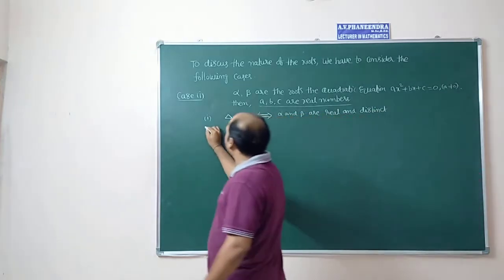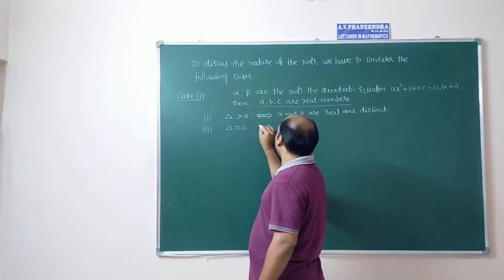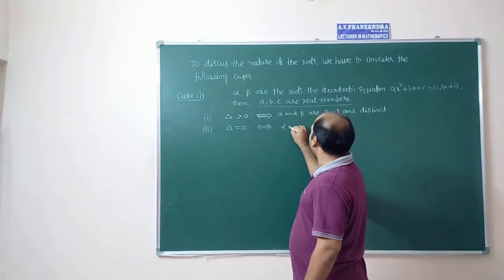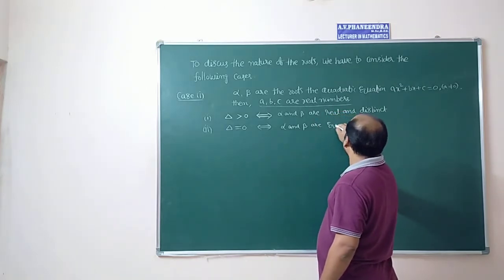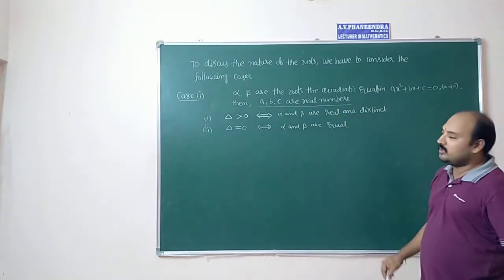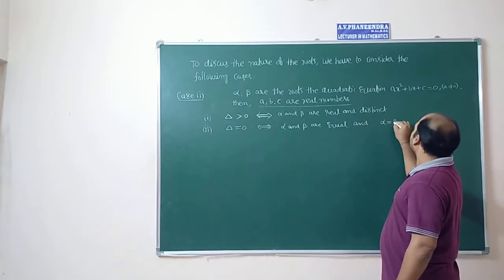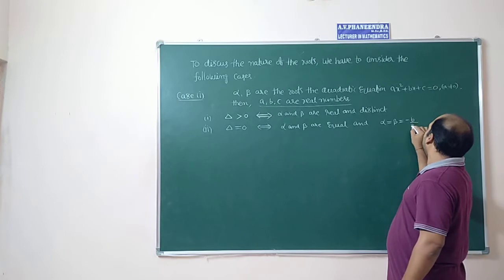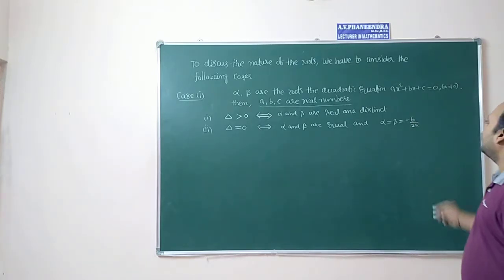Suppose delta equal to 0, if and only if alpha and beta are equal, and these two values are equal to minus b by 2a. If the roots are equal, it becomes minus b by 2a.